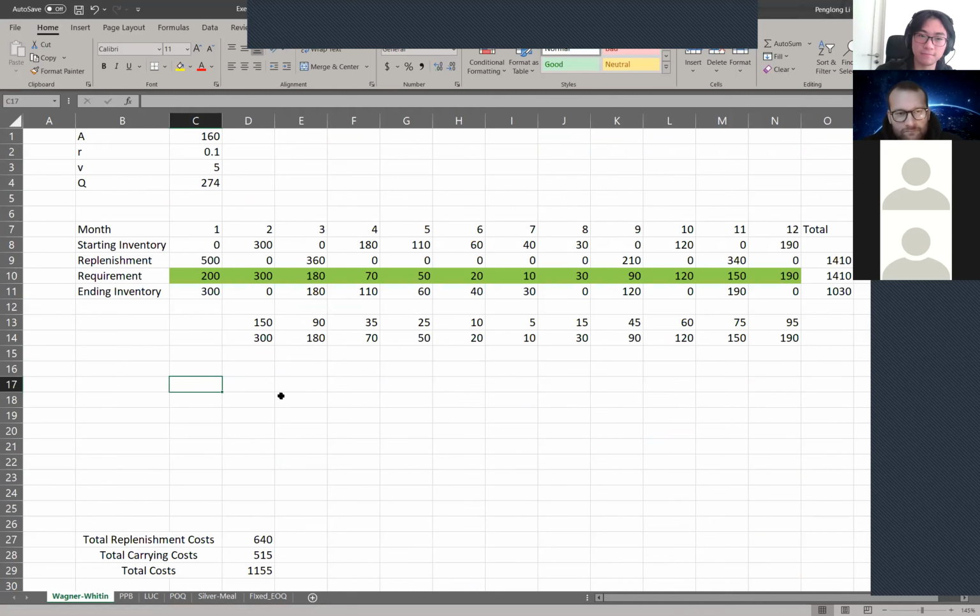So the first number you're putting in is the order cost, 160. And the next number you're putting in, first of all, you put it here, one cell below.